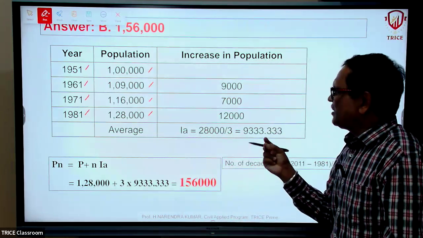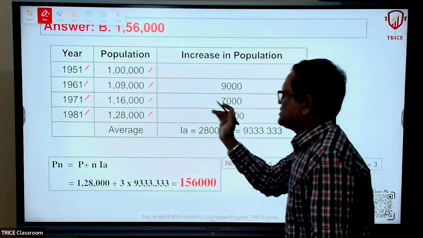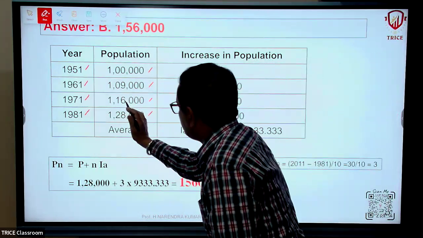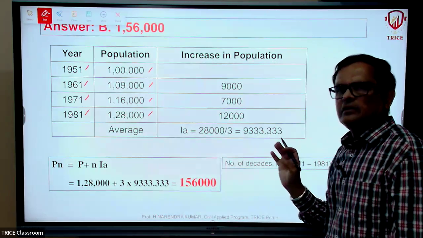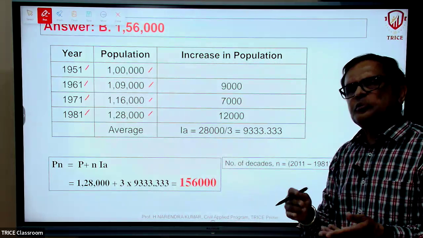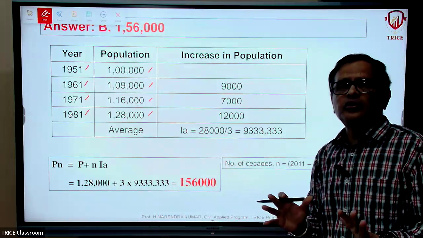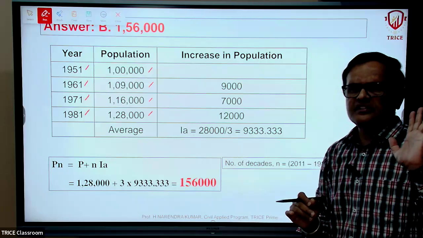If there is any mistake in copying, then the whole solution is wrong. For example, instead of 1 lakh 16,000, if I write 1 lakh 15,000, everything is gone. Now you won't get the answer, so you'll put some other answers.